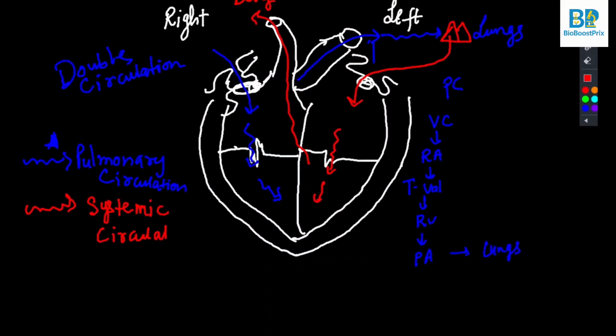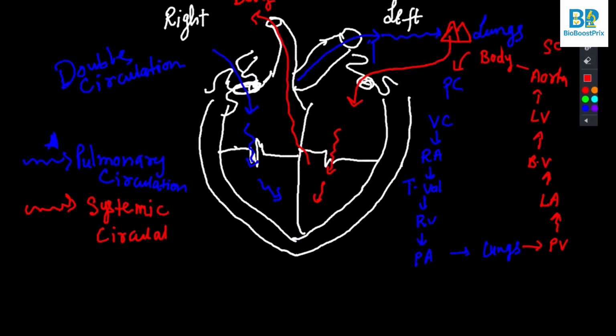Now if I show you systemic circulation, from the lungs the blood again goes to the pulmonary vein, then it goes to the left atrium, then the bicuspid valve, then the left ventricle, then the aorta. And the aorta will take the pure blood to the body, and the deoxygenated blood from the body again goes into the pulmonary circulation.